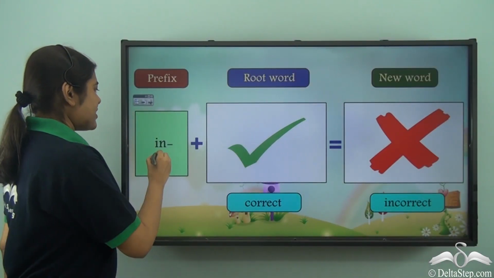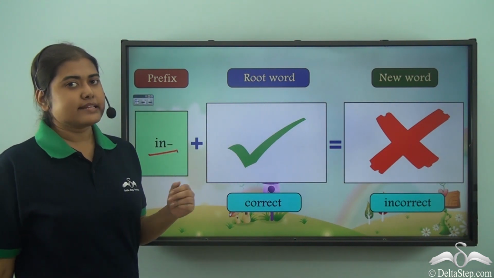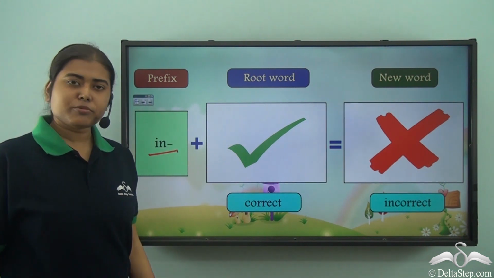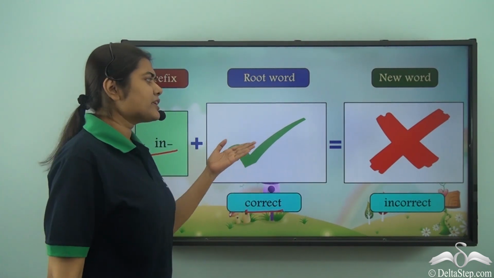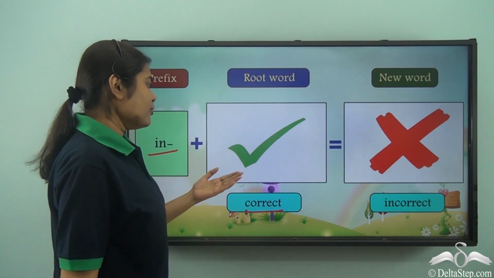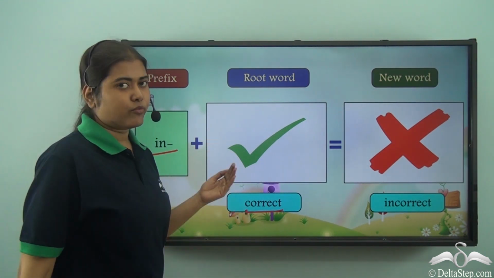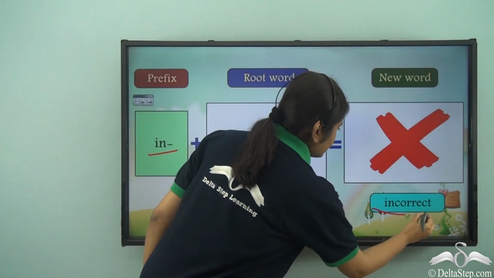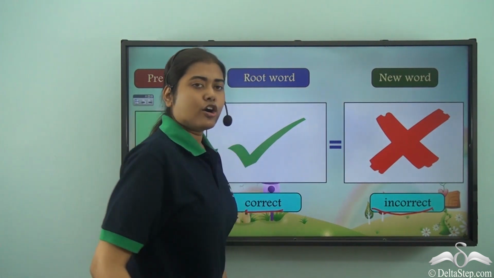So, another prefix is in, which can be used to make antonyms. So, what is the root word here? It is correct. Correct means something which is right. Now, if I add the prefix in before correct, what do we get? We get this new word which is incorrect, and incorrect means wrong.